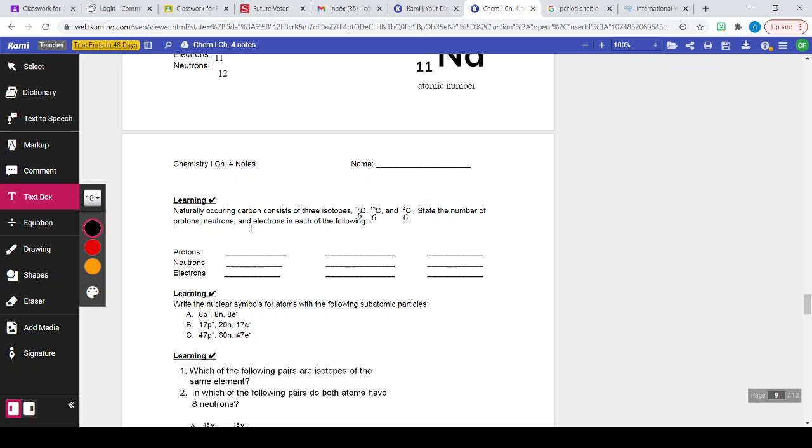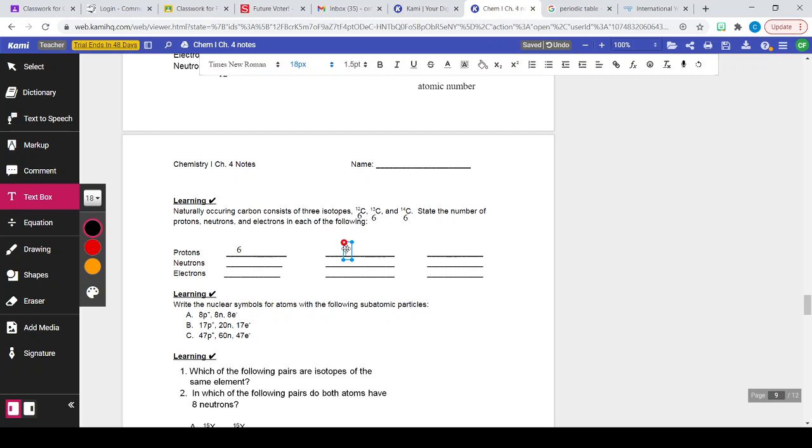State the number of protons, neutrons, and electrons in each of the following. If you look at my carbons, they're all atomic number 6, which means the protons for carbon 12 here is 6, the protons for carbon 13 are 6, and the protons for carbon 14 are 6, right?